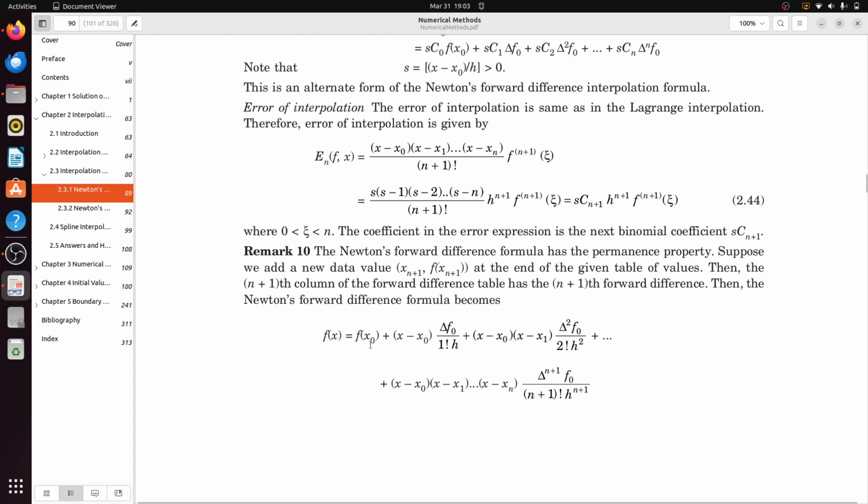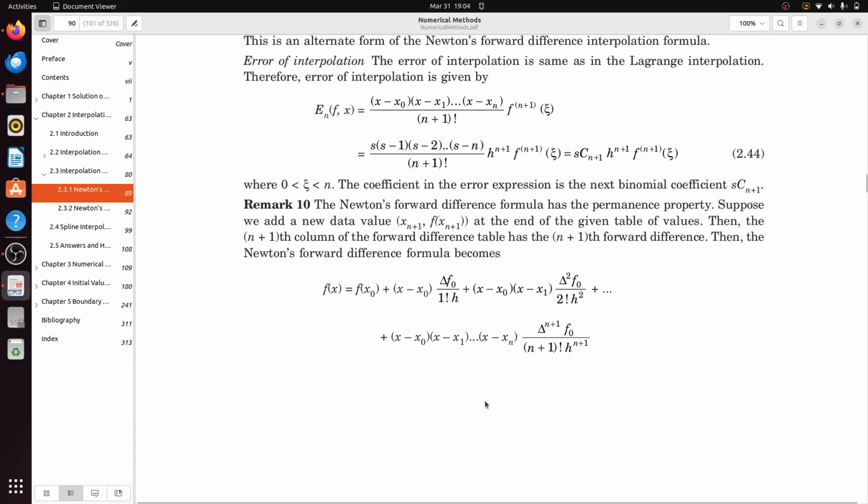f(x) equals f(x0) plus (x minus x0) into delta f0 by 1 factorial into h, plus (x minus x0)(x minus x1) into delta squared f0 by 2 factorial h squared, plus (x minus x0)(x minus x1) and so on up to (x minus xn) delta to the power n plus 1 f0 by n plus 1 factorial h to the power n plus 1.